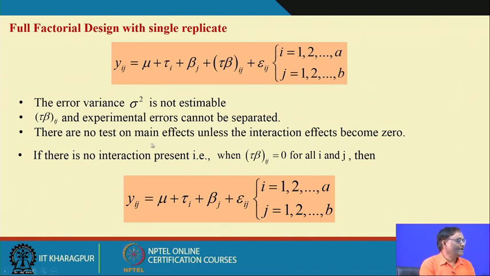There are no tests on main effects unless the interaction effects become 0. If there is no interaction present, we put tau beta_ij equal to 0, and the equation becomes like this.